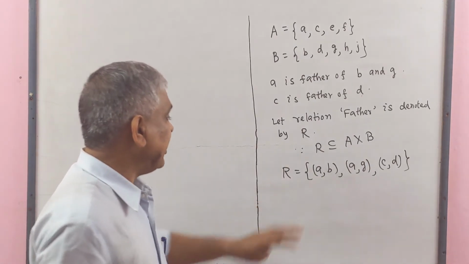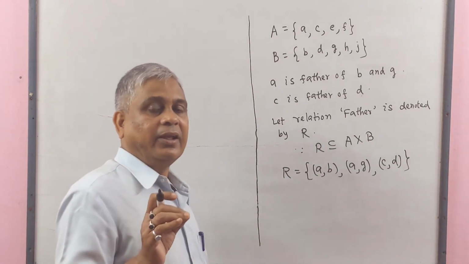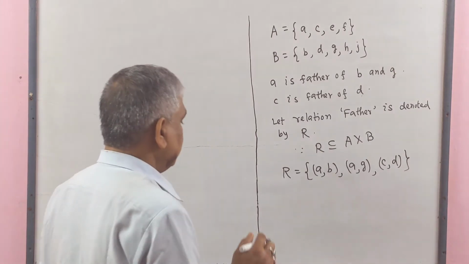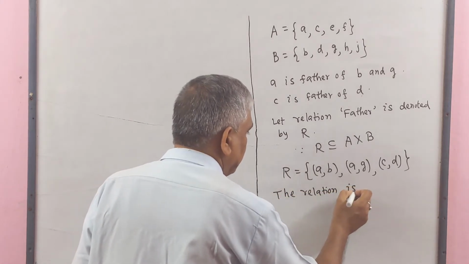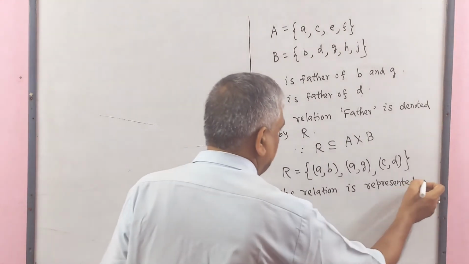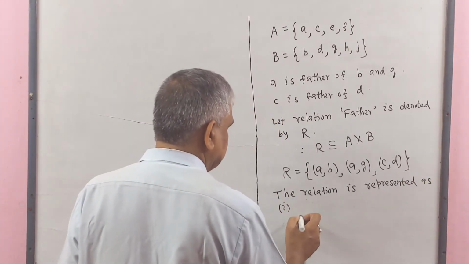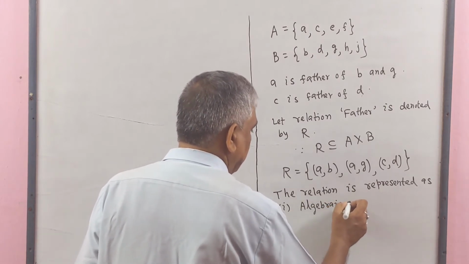We may represent this relation in different forms. The relation is represented as number 1, algebraic representation.